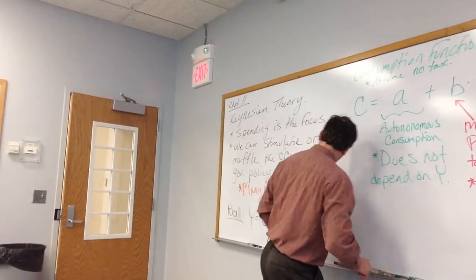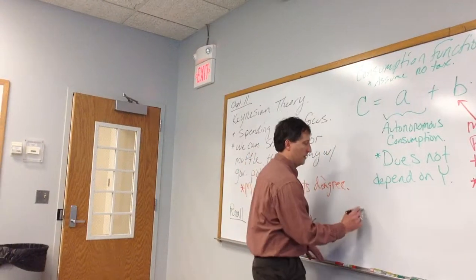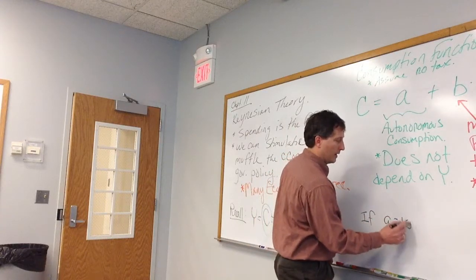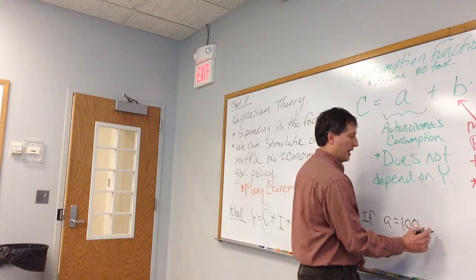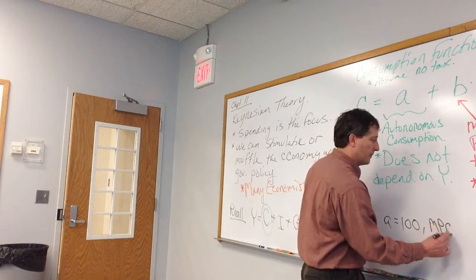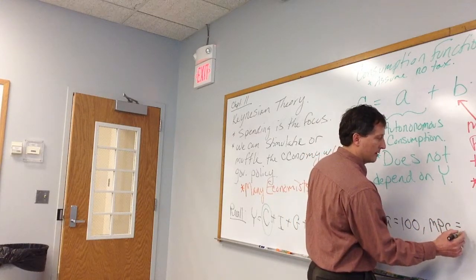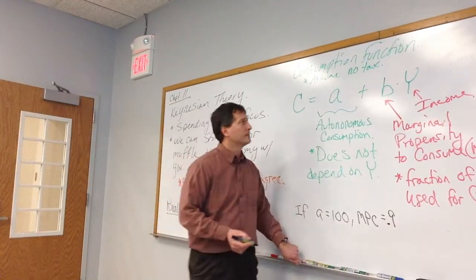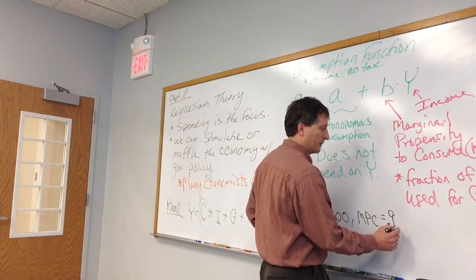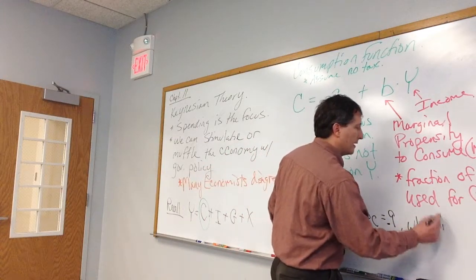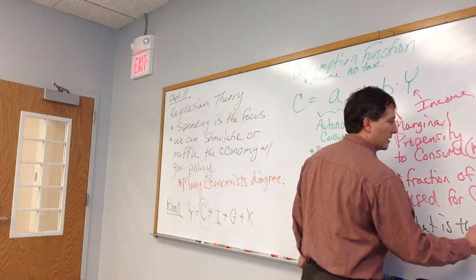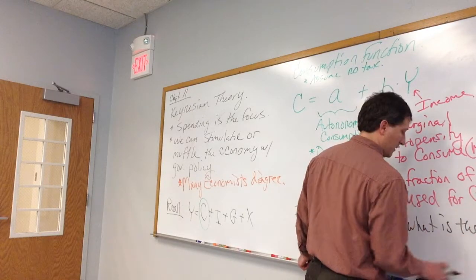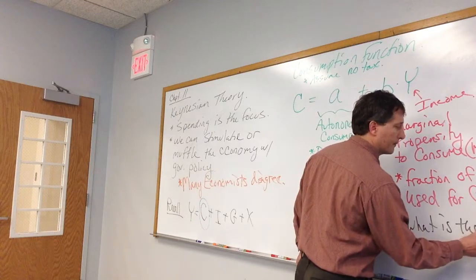So if A equals 100 and the marginal propensity to consume equals 0.9, the fraction of our income equals 0.9, what is the consumption function? What is the C function?